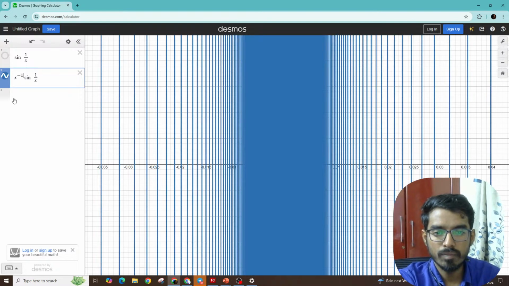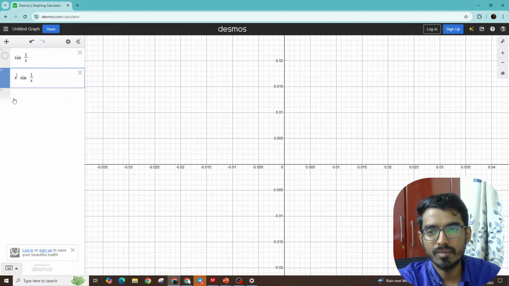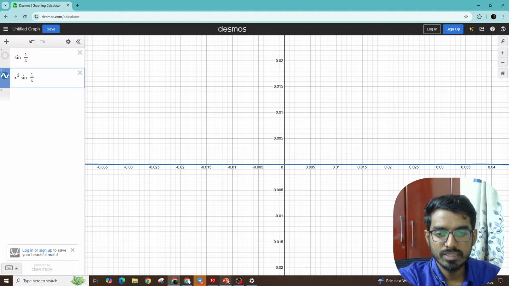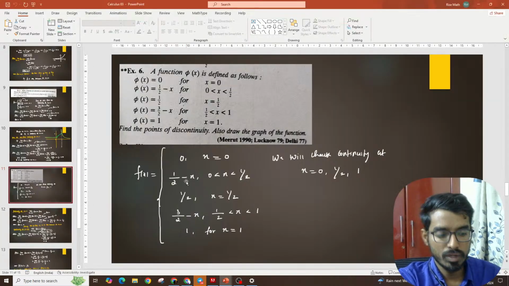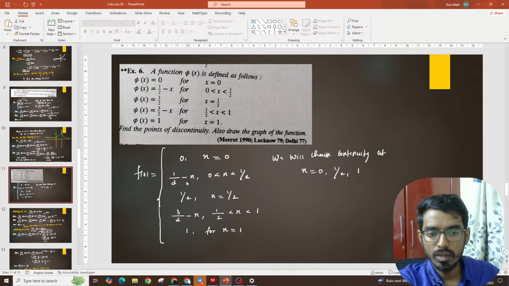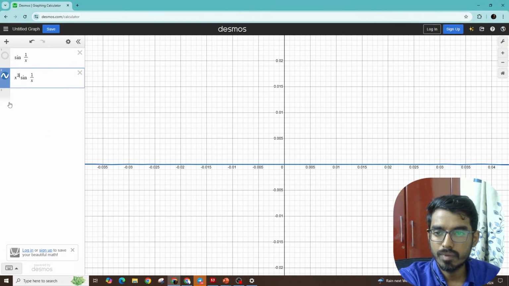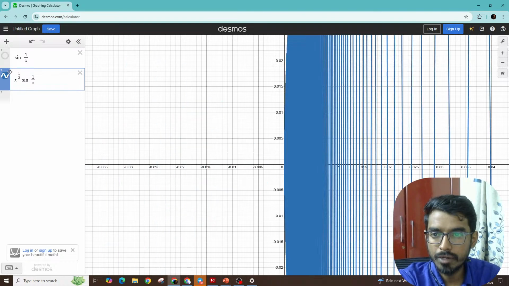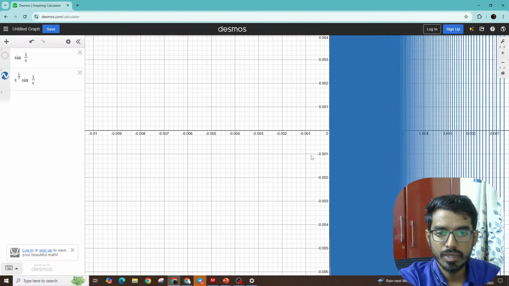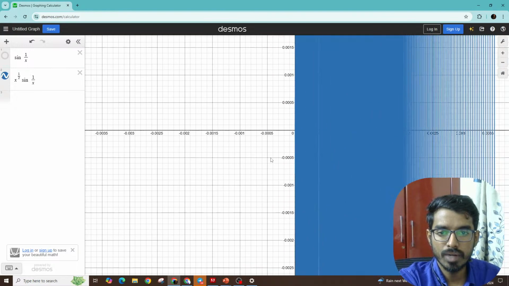What happens when x is equal to minus 1? Again, you can see that there is a problem. So what we'll do is we will just redefine this. We will put m greater than 0. What happens when x is 1 by 2? You can see at x is equal to 1 by 2, again there is some problem.